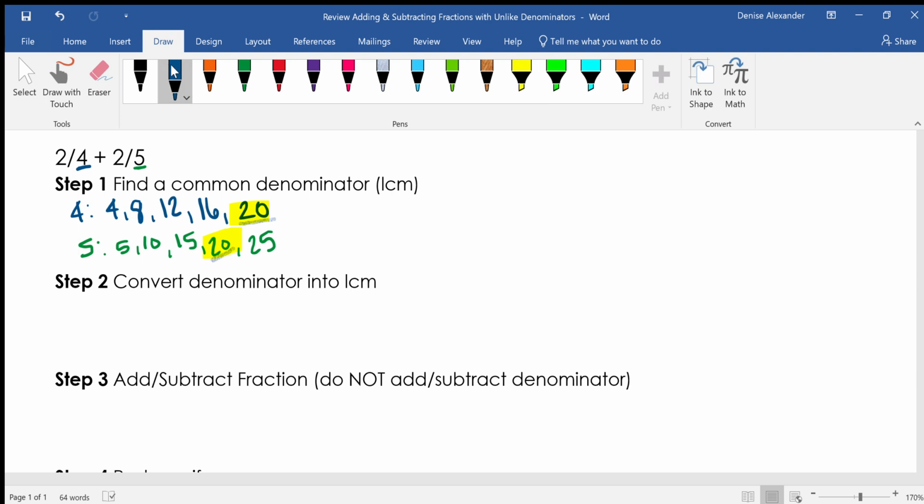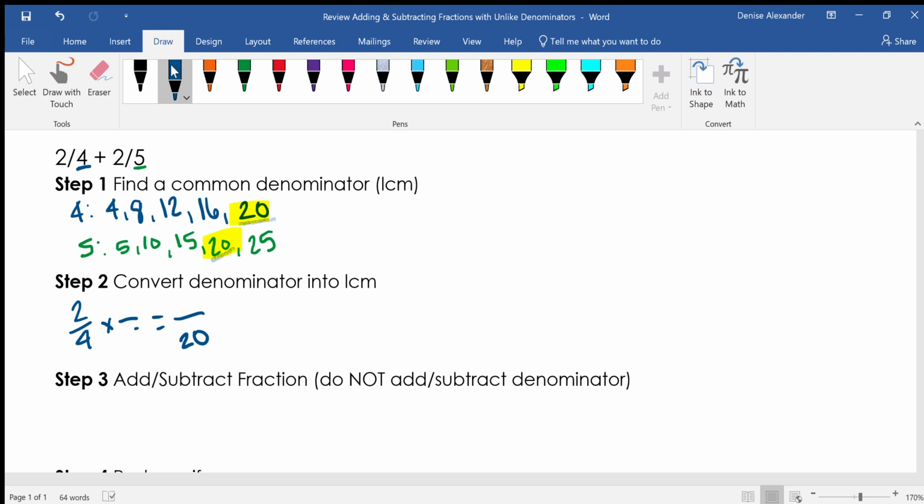So now we're going to convert our denominator into our least common multiple, which is 20. So I have 2/4, and I'm going to multiply some fraction, which equals some fraction over 20. So I'm going to do 4 times what number gives me 20?